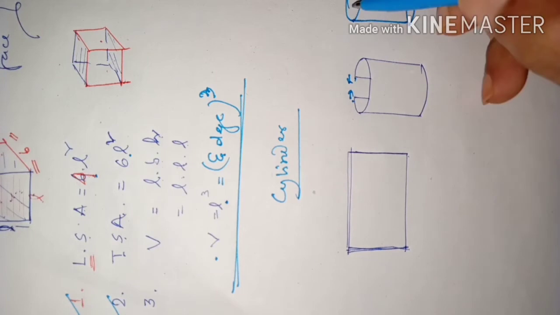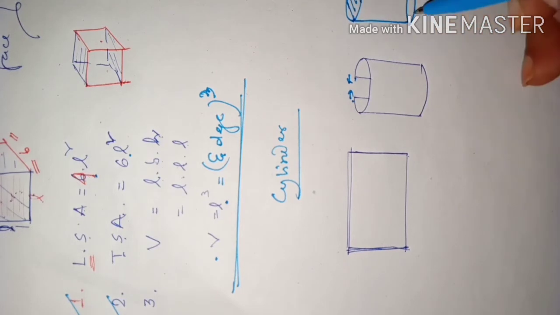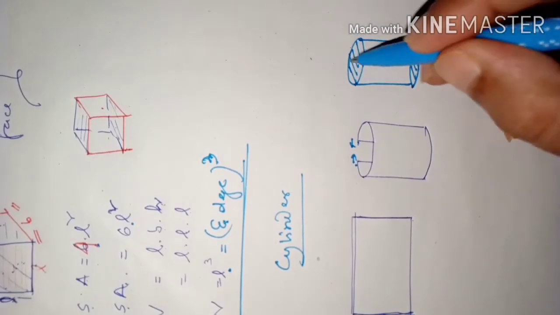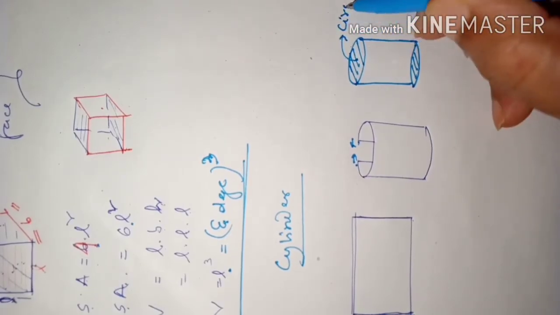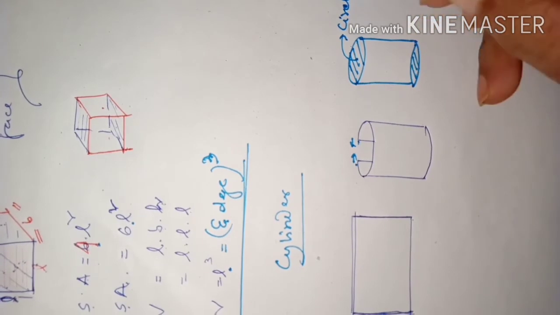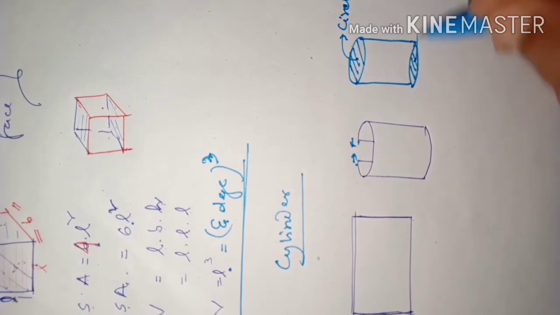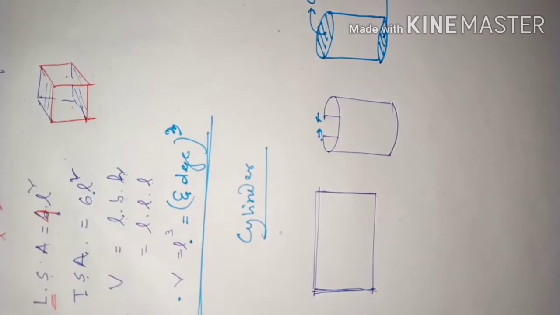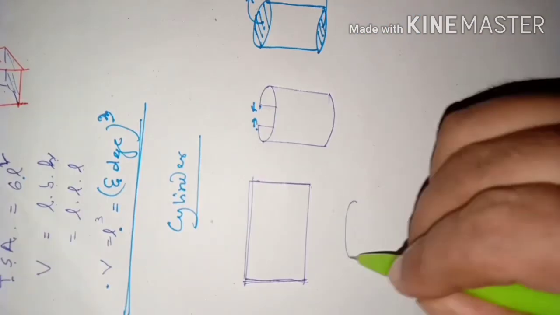Okay. Suppose we cover both the ends with circular bases. This is a circle, and this is also a circle. So I am talking about this cylinder.